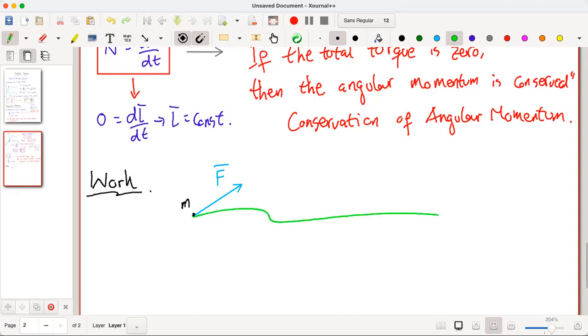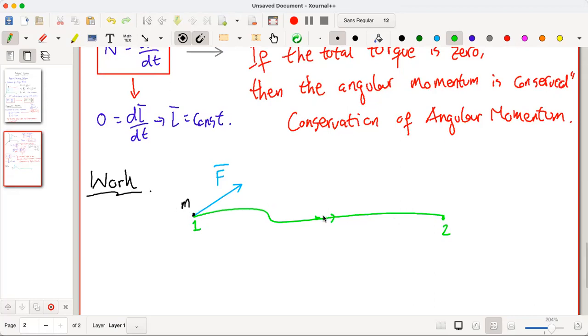Let's say this is point 1. Say that it moves to point 2 along some displacement. This is the displacement. The displacement means just the scalar of the position vector.